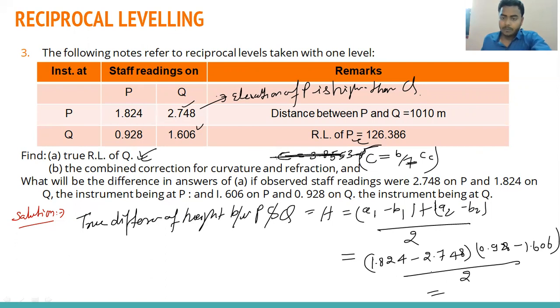We will get the value minus 0.8801 meter. So H is coming.